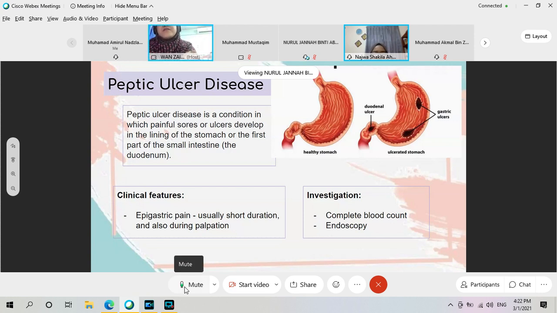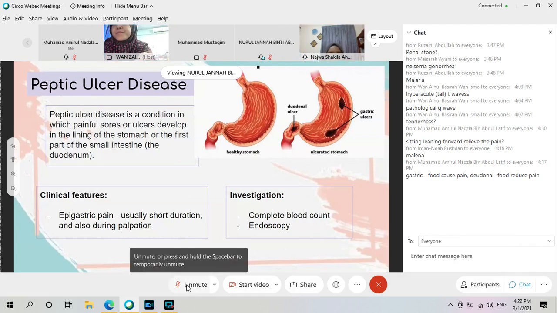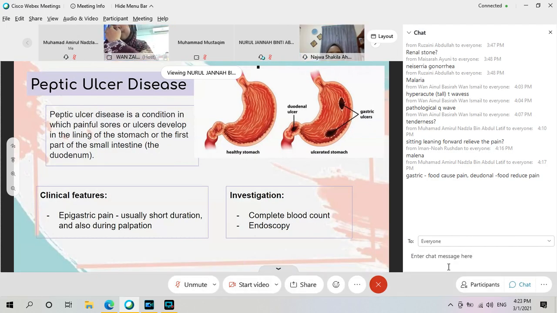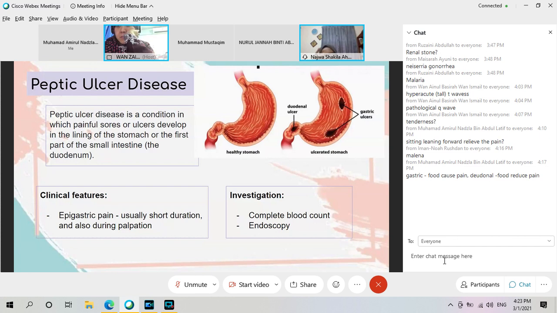What kind of patients will develop these ulcers, peptic ulcer disease? Najwa? Risk factor ada tak? For patients that use NSAIDs or corticosteroid. Okay, NSAIDs, steroid, lagi?